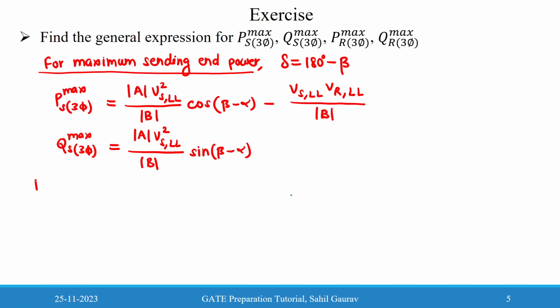And for maximum receiving end power, generally examiners prefer the maximum receiving end power more compared to the maximum sending end power. So just remember that in this case the power angle will be equal to beta.